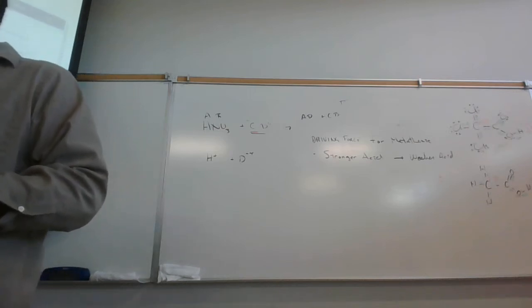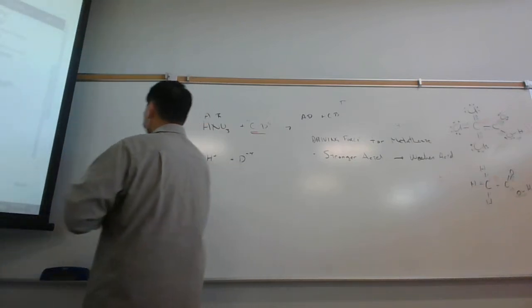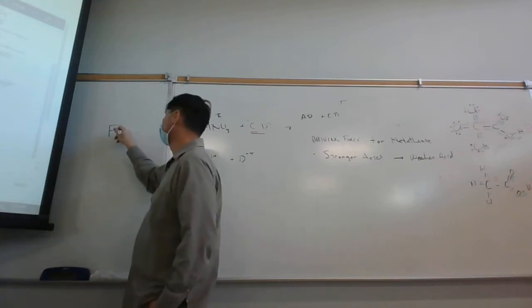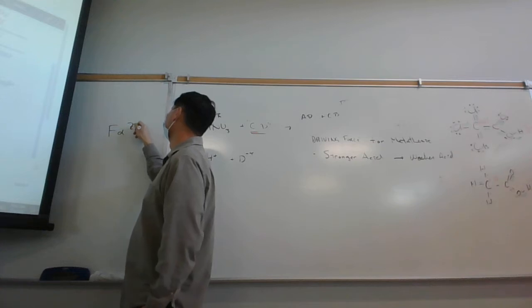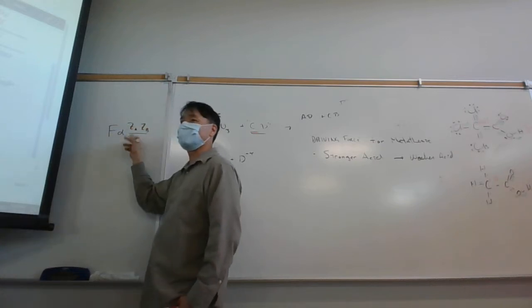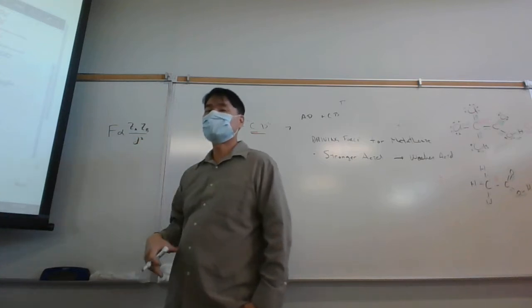So think in terms of Coulomb's law, which is very important. It says the force of attraction or the force of repulsion between two particles depends on the charge on particle A and the charge on particle B divided by the distance between the center of charges squared. That's Coulomb's law.